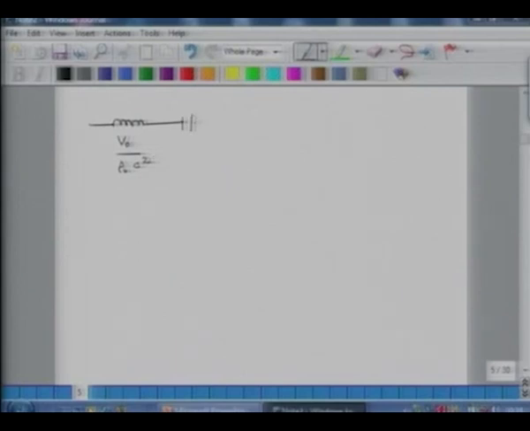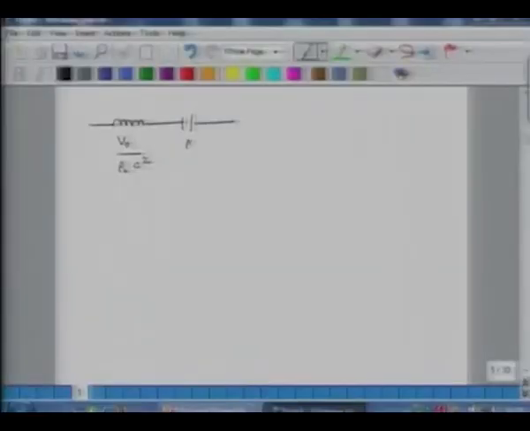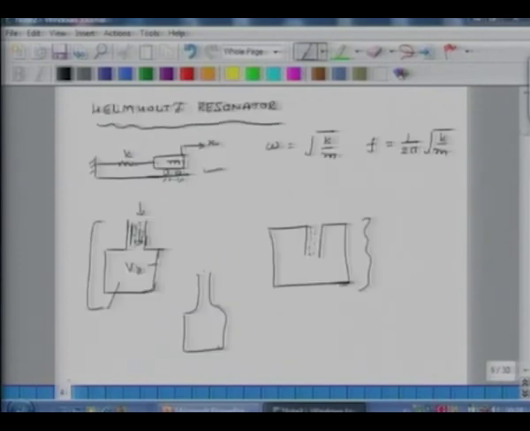And this is my capacitance, which behaves similar to a mass, and the value of this, as we developed in the last class, is rho naught L over A, where A is the cross-sectional area of this tube. This is my L, and the cross section is A.